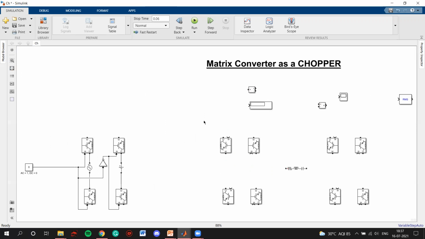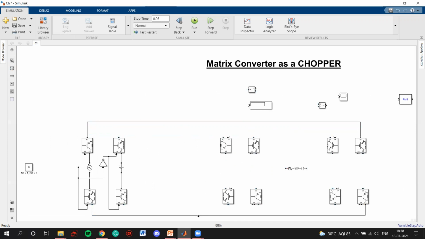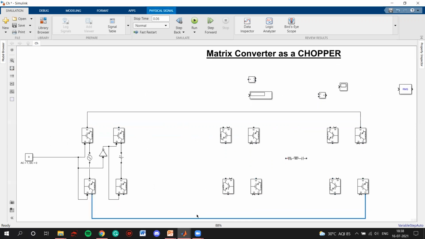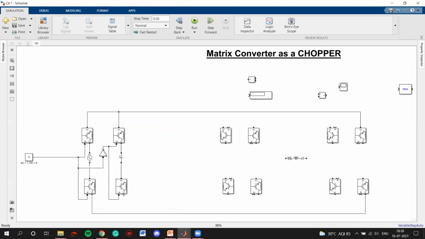Now let's connect the remaining parts. Let's put the current measurement here.